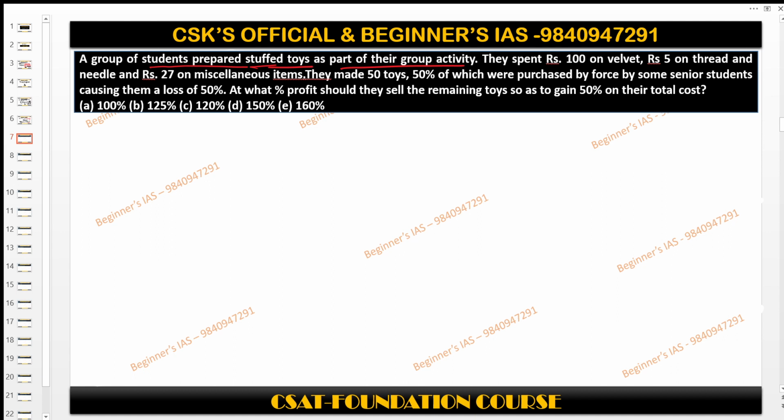Everything together only you can make a stuffed toy, isn't it? Yes or no? Yes, sir. Then can you say it is the cost price of one toy? Everything together. Understood or not? No, sir.